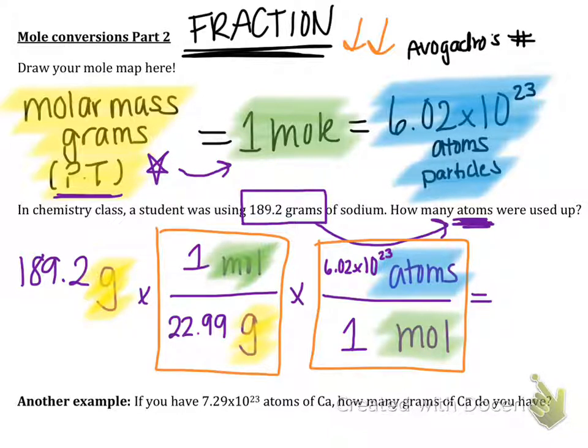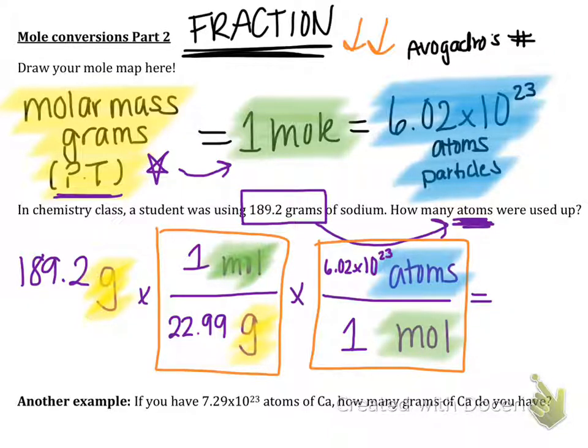Okay, so now you are just multiplying by 2 fractions. So you're going to do 189.2, okay, times 1 times the top, divide by the bottom, times the top, divide by the bottom. And then when you do that, I believe your answer will come out to be, so you can try it.